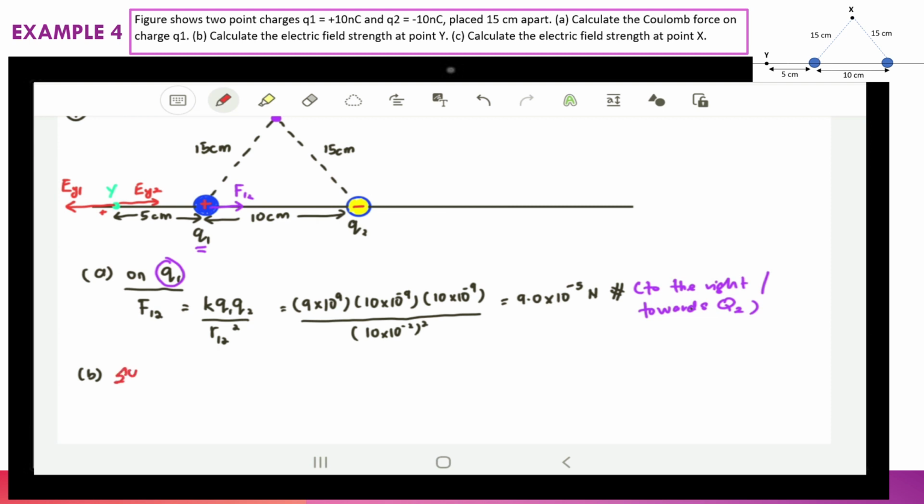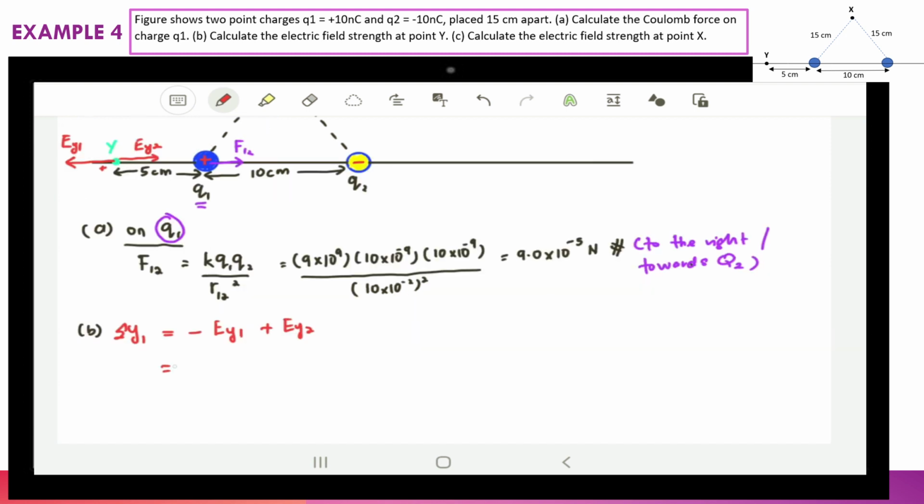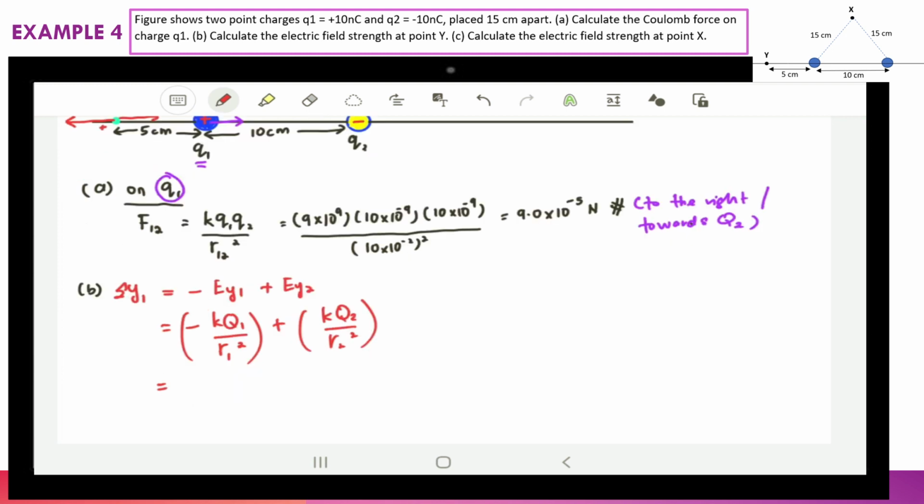Okay, so now when we want to find the total electric field strength at point Y, it's equal to EY1 is to the left, so it's negative EY1 plus EY2. Okay, so now we substitute the equation: negative k q1 over r1 squared plus k q2 over r2 squared. Okay, so now substitute the values.